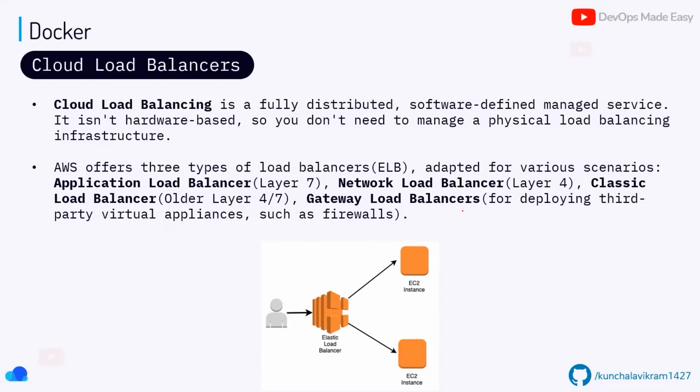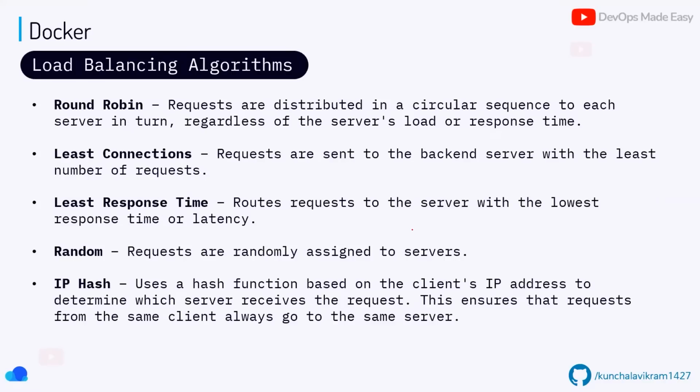And the newer edition, which is gateway load balancer, in case you are deploying any third party appliances, like firewalls and all. So the gateway load balancer comes into the picture. I never personally used gateway load balancers yet. So these are cloud load balancers.